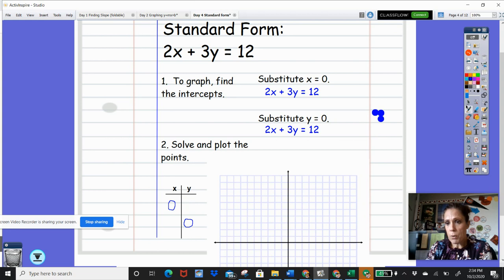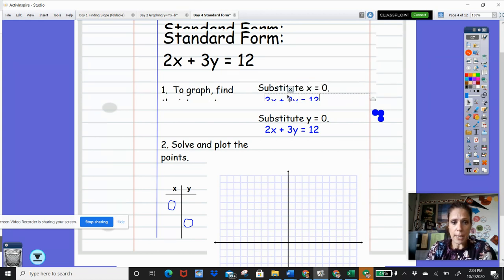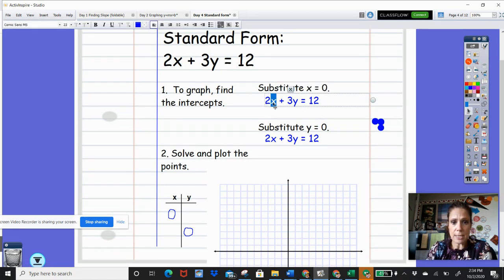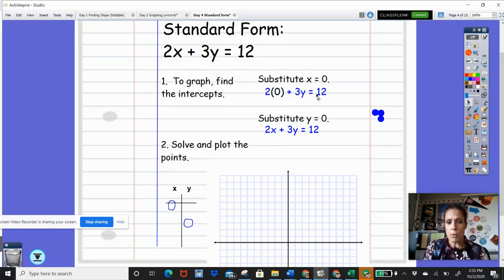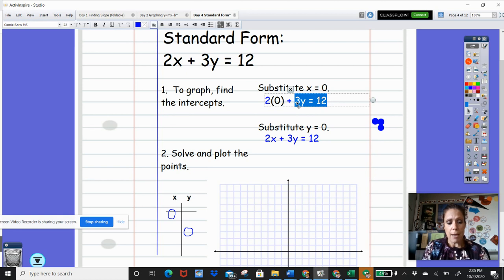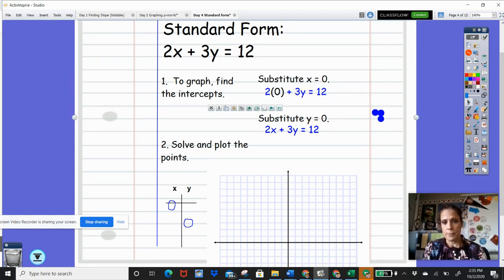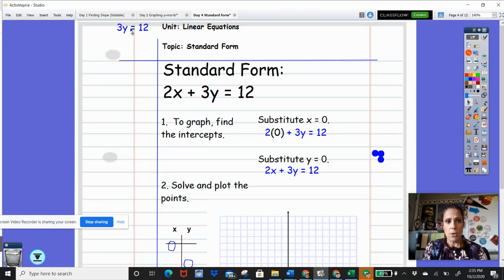If you look at the equation, what we're really doing is letting x equal 0, so that whole first part, anything times 0 is 0, and we really just have 3y equals 12.